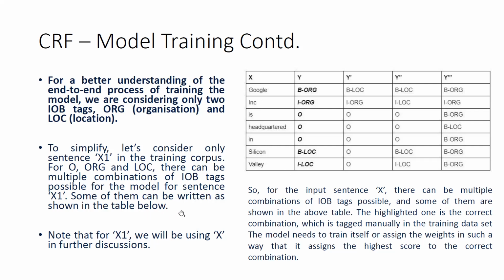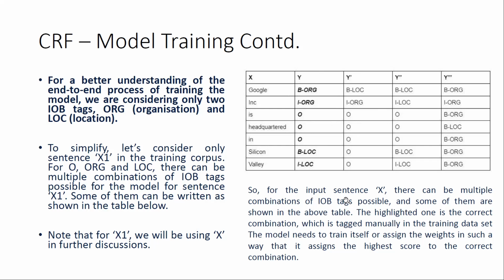Some of them can be written as shown in this table. So for the input sequence x, there can be multiple combinations. What we are trying to say is that there are multiple tags that might come as the output, and we need to select the best one.